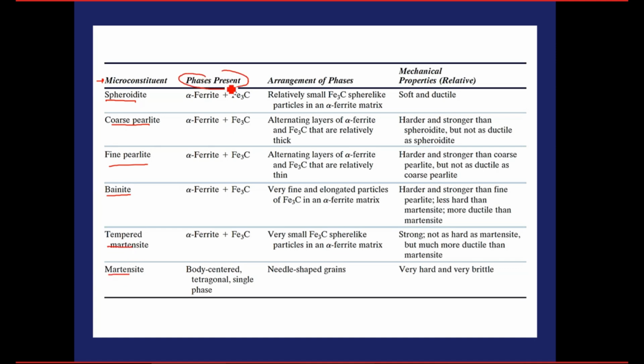The phases present almost all have alpha ferrite plus Fe3C except for martensite, which is body centered tetragonal single phase. Arrangement of phases: spheroidite has relatively small Fe3C sphere-like particles in alpha matrix; coarse perlite and fine perlite have alternate layers of ferrite and Fe3C; bainite has rod-like Fe3C, elongated particles in alpha matrix; tempered martensite has very small Fe3C sphere-like particles in alpha matrix; and martensite has needle-shaped grains.